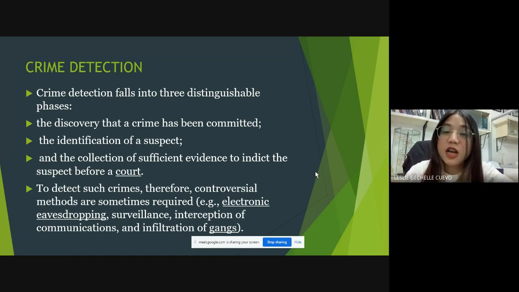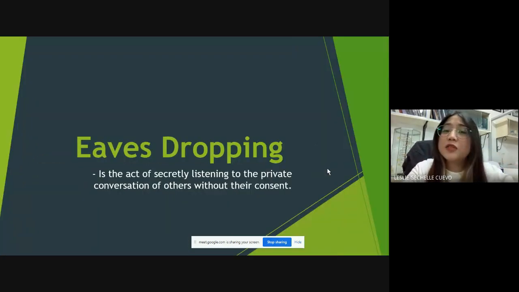So to detect such crimes, therefore, controversial methods are sometimes required: electronic eavesdropping, surveillance, interception of communications, and infiltration of gangs. So ano na lang to review lang, kaya mabilis lang tayo. Okay, eavesdropping is the act of secretly listening to the private conversation of others without their consent. So, pakikichismis, sabihin na natin.